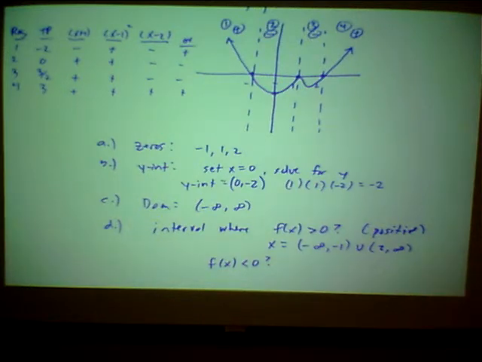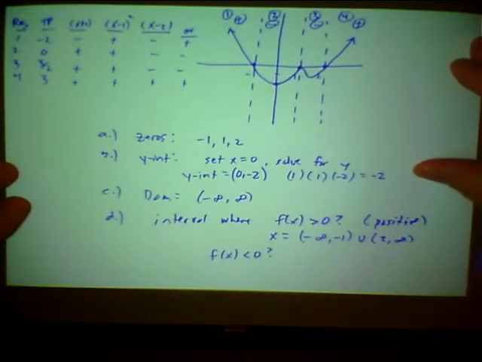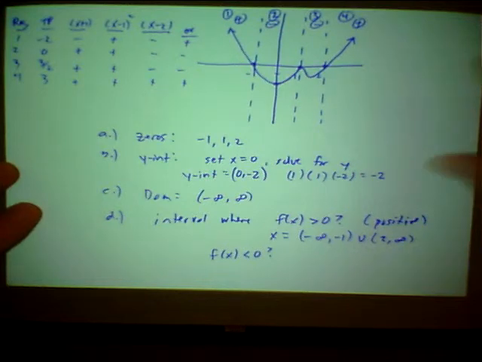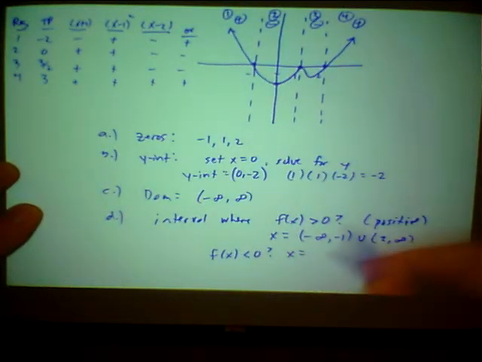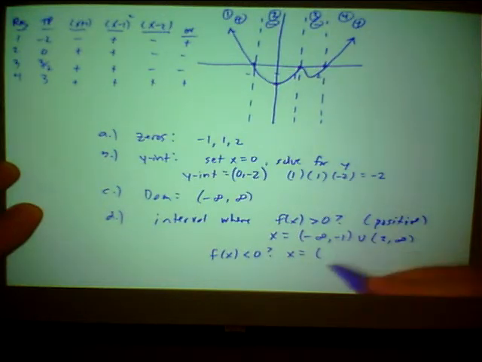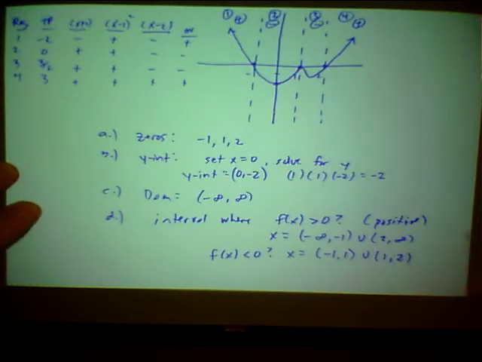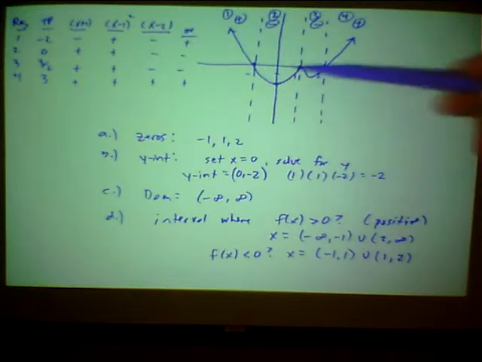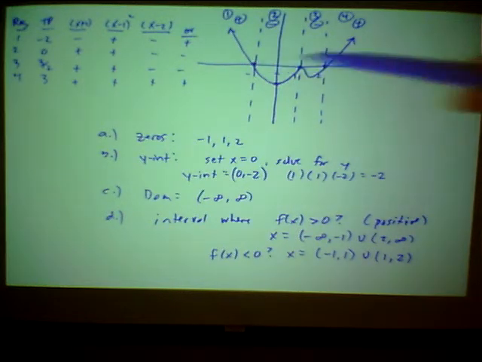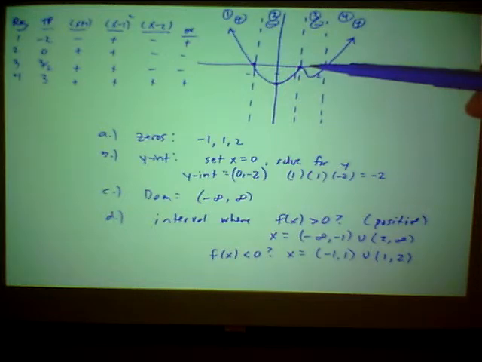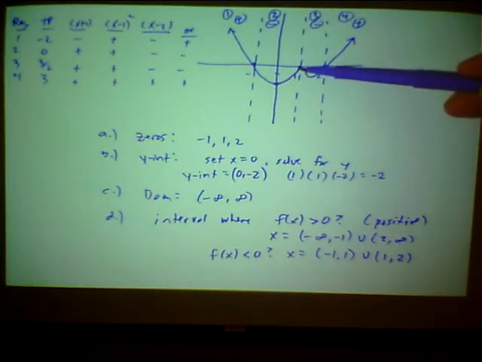And then they ask the same thing for where is the function negative or less than 0. And for that, I choose the negative regions. Negative 1 to 1 union with 1 to 2. Now let's talk about this. You know the negatives are from negative 1 pretty much to 2, but you know what happens? When x is 1, for that point right there, the function is not negative anymore.